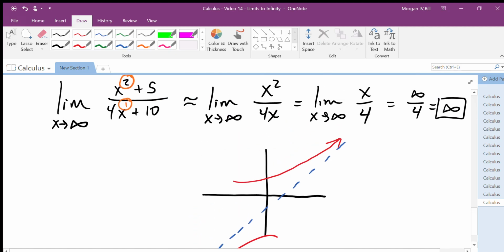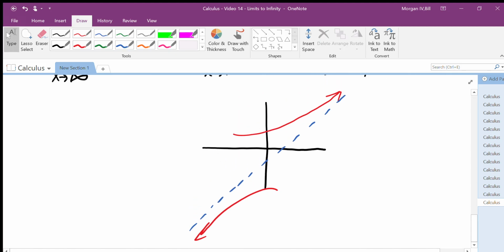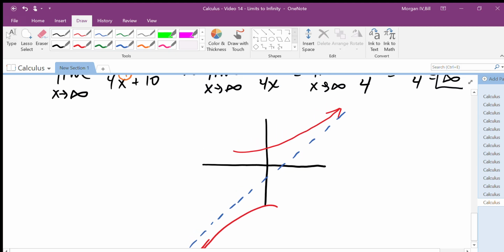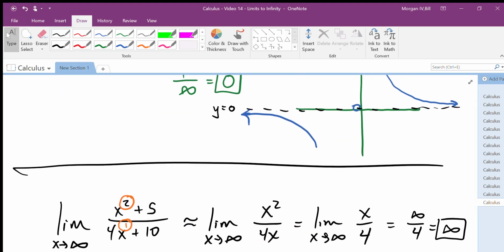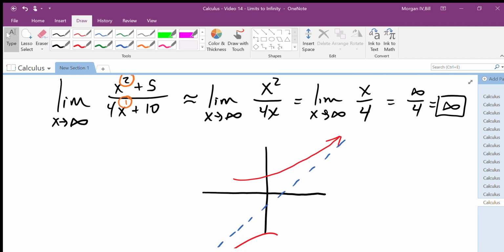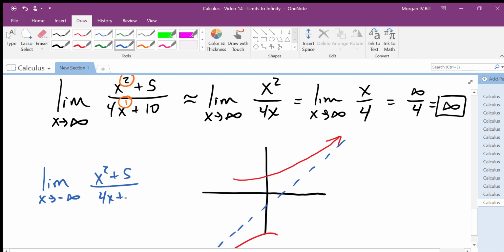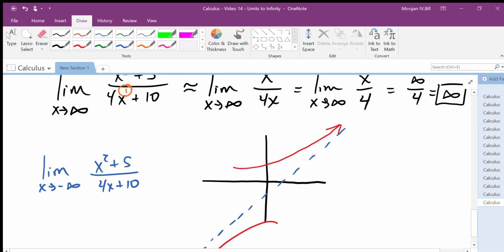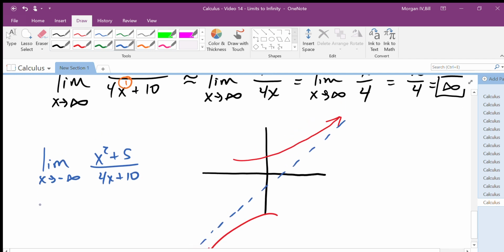Let's take a look at a couple of these, except not going to infinity this time, but going to negative infinity, and what would have happened. Let's just start with this one. What would we have if we took the limit as x goes to negative infinity of x squared plus 5 over 4x plus 10? Okay, the same thing, we're going to say that's approximately equal to the limit as x goes to negative infinity of x squared over 4x.